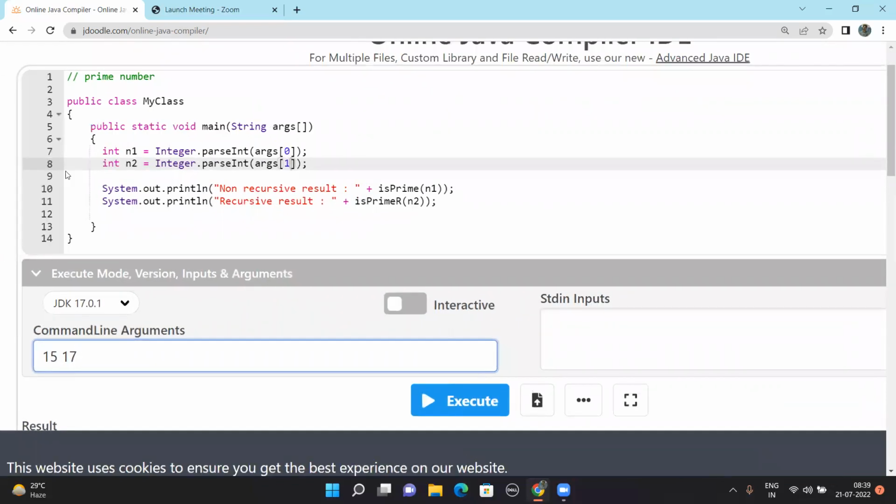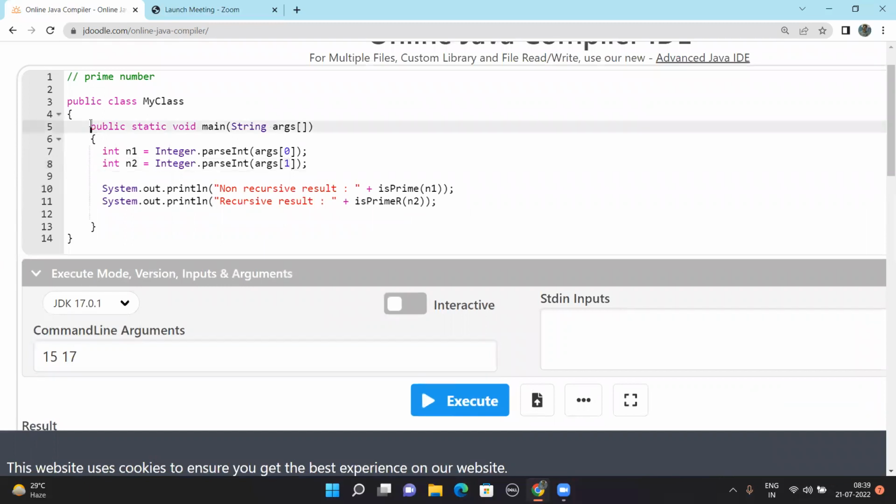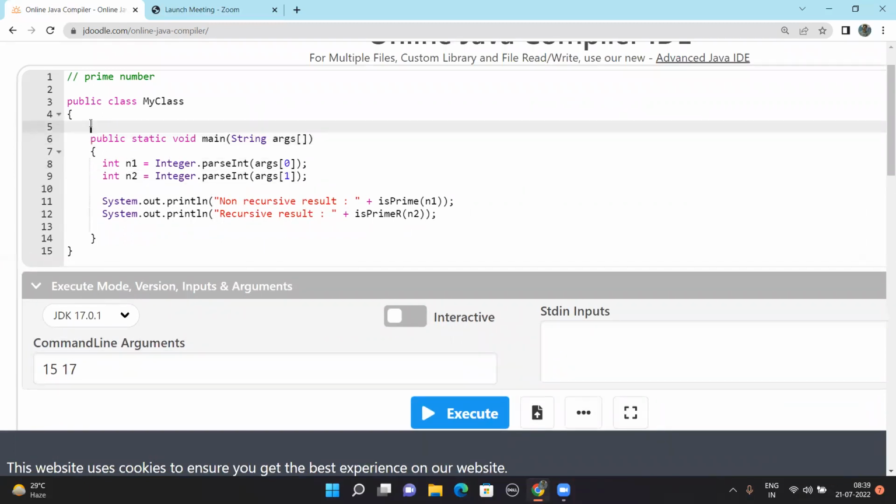Now let us write the functions. The first one: public static method, returns boolean, name is prime, takes n as input.